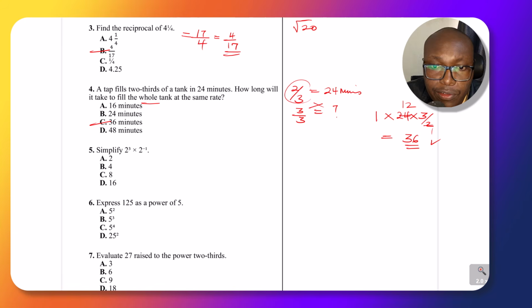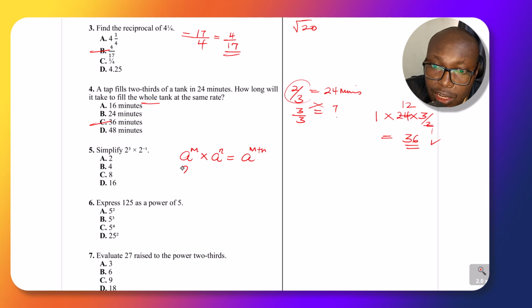Then question 5. Question 5 is on indices. Simplify. Here you are going to apply the law of multiplication, and I'll remind you the law. Given a raised to power m multiplied by a raised to power n, when you have these values and you're multiplying them, the condition is that the bases are the same, so you add the powers, m plus n.